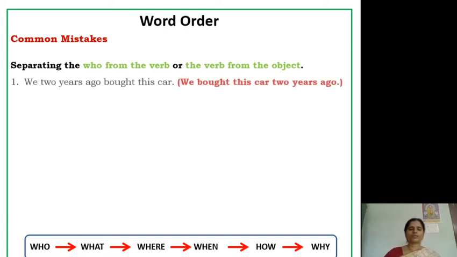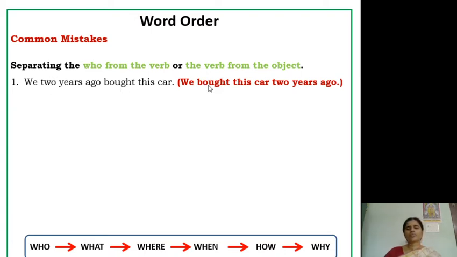See here in this example, we 2 years ago bought this car. We is the subject. 2 years ago is the element which refers to time, that is the when element. Bought is the verb. This car is the object. Usually the order should be subject, then verb, then object, then the time element. So this is the wrong construction.